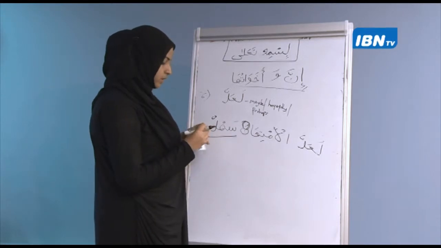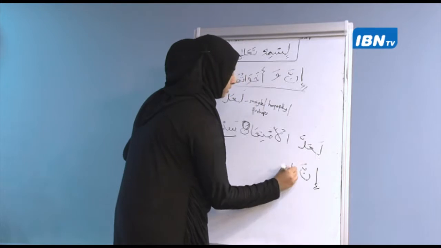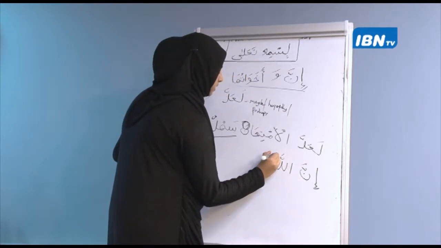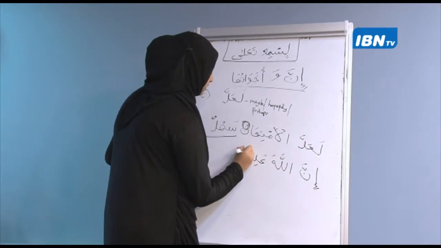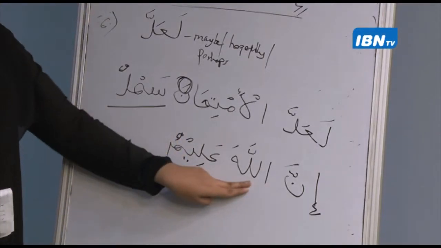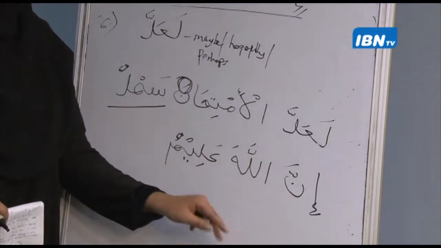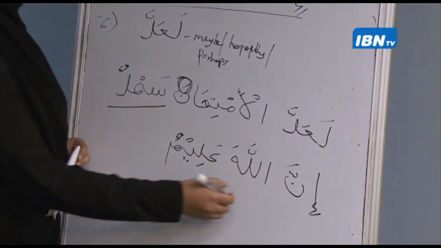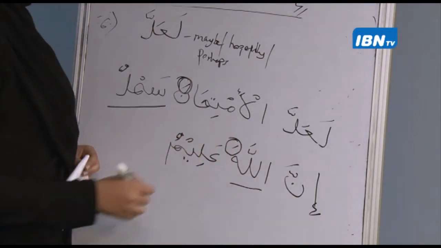We also had Inna Allaha alimun. Let me jot that down. Inna Allaha alimun, right? So again, what is the ism Inna of my sentence? It is Allah. Notice that the ism Inna here again has a fatha.